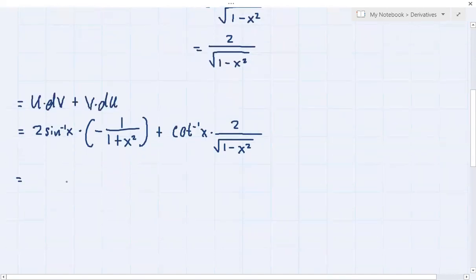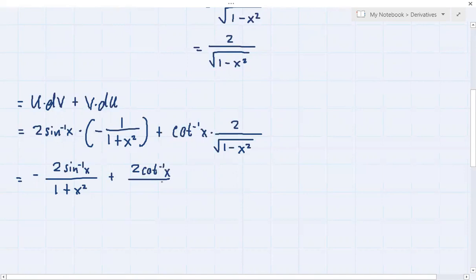Now, let's multiply them. In the first term, multiply 2 arcsine by the negative, so we have negative 2 arcsine x all over 1 plus x squared. In the second term, multiply arccotangent x by what is beside it, so we have plus 2 times arccotangent x all over the square root of 1 minus x squared.